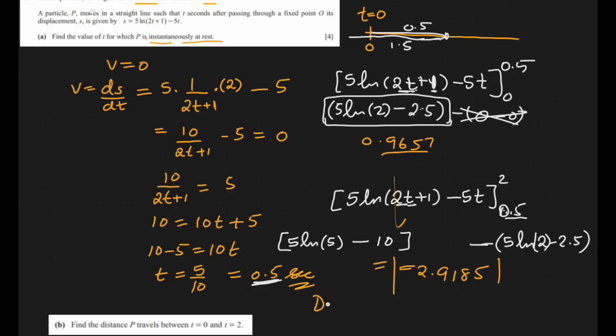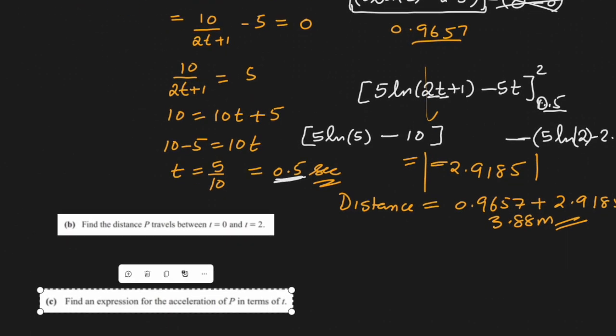So our total distance will be 0.9657 plus 2.9185, which comes out to be 3.8842. So 3.88 meters. This is the distance from 0 to 2 seconds.